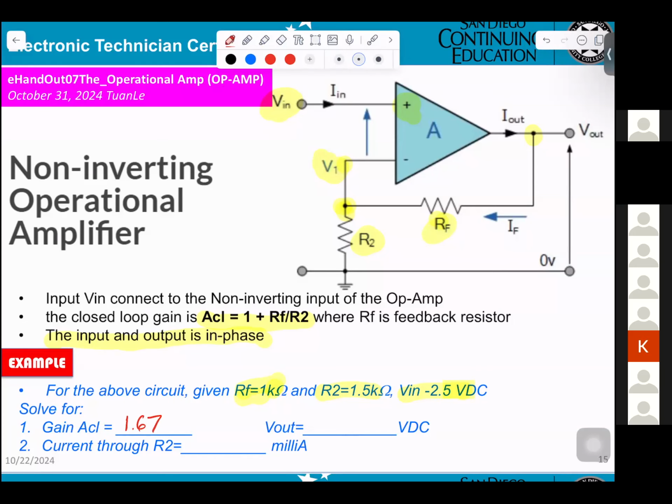Who else gets the same answer? At least you know another one. You have to do the calculation to make sure the answer is right. You know the gain will be 1 plus RF over R2.